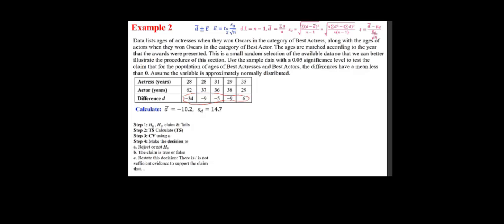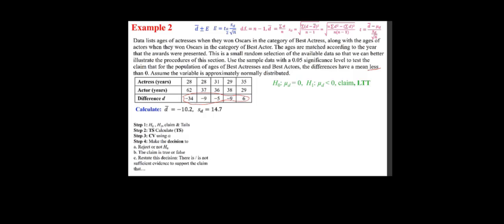Now, remember what this says, less than 0. So you have the first one taken care of. Mu sub D is 0, that's H0. Mu sub D is less than 0, that's H1, and that is the claim, and that is a left tail test.